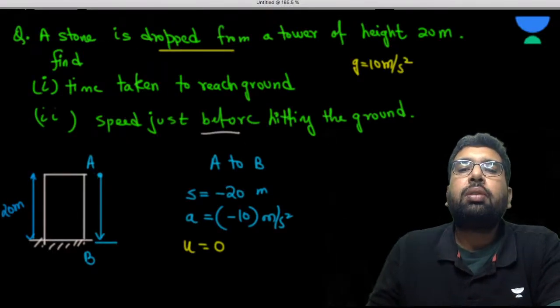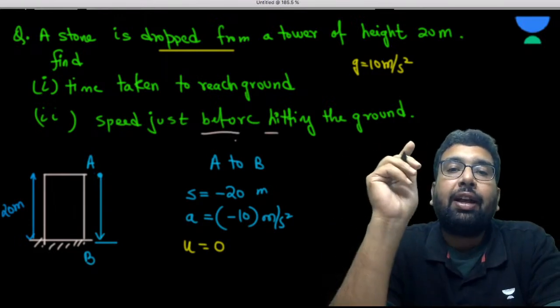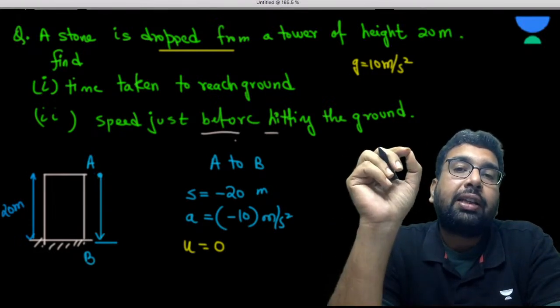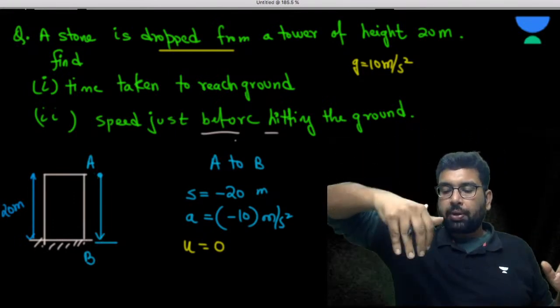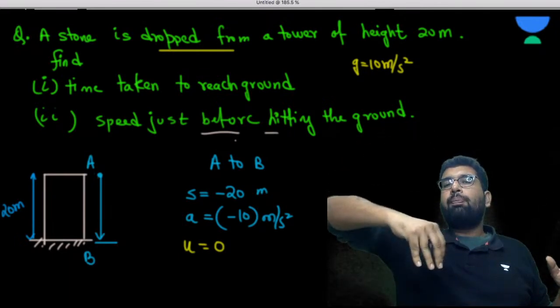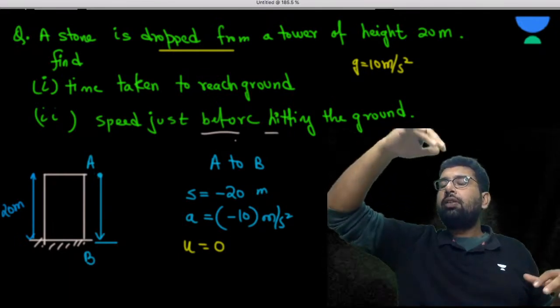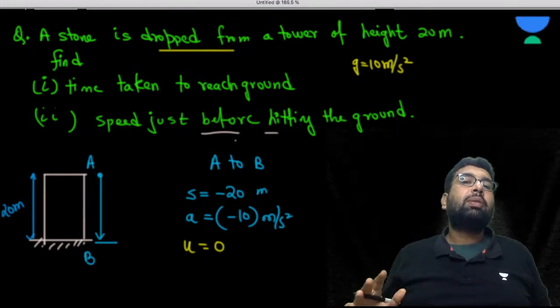Now coming to the next part of this question: the speed just before hitting the ground. See, never ever consider that when something is dropped from some height and it strikes the ground, the velocity must be 0.